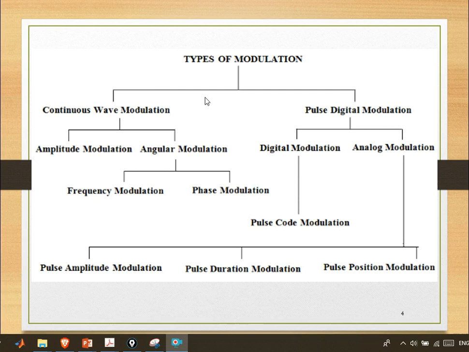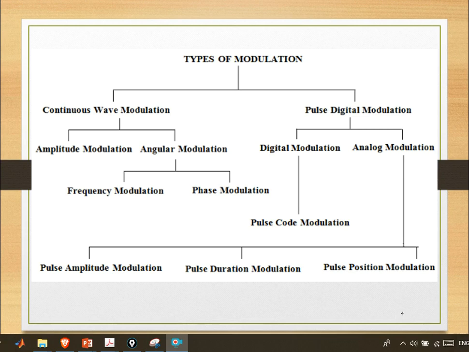We started with amplitude modulation, double sideband, single sideband, suppressed carrier, non-suppressed carrier, vestigial sideband, frequency modulation, phase modulation, and we said in all these modulations we are using analog.